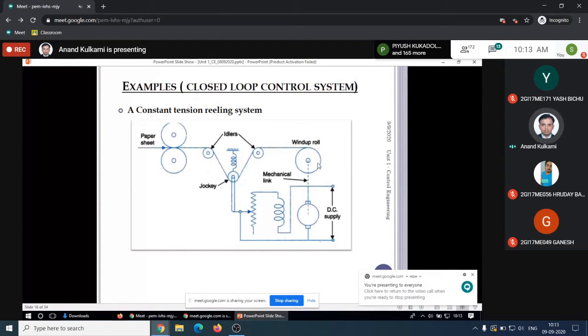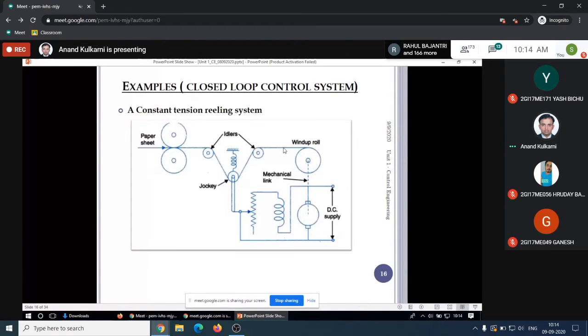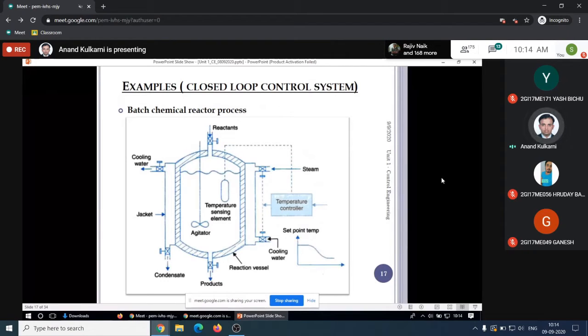When d increases, n has to be decreased so that the v is kept constant. So now this motor is a variable speed drive. As the diameter of the roller goes on increasing, the speed n has to be reduced so that the velocity remains constant and the paper will not break. A similar arrangement is there in the tape recorder also, that we have discussed in the previous class.